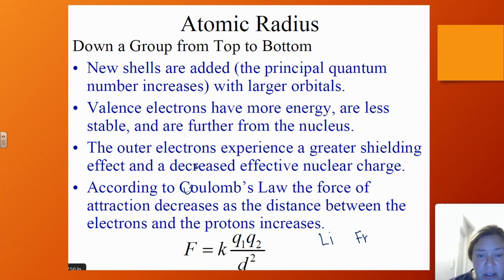So the charges are the same, but the distance from the nucleus to the outermost electrons is vastly different. Therefore, the force experienced is much lower for francium than for lithium. So the atomic radius is going to be a lot bigger because francium is experiencing way less of a force of attraction according to Coulomb's law. That's the kind of answer we've got to work toward.